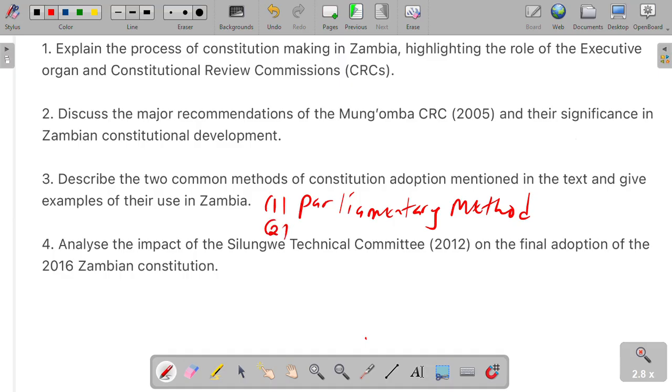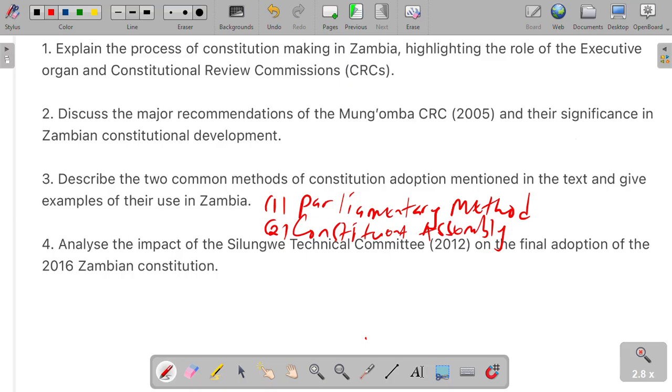We have the Constituent Assembly, or CA. In this one, a special assembly adopts the constitution, recommended by the Mungombe CRC.